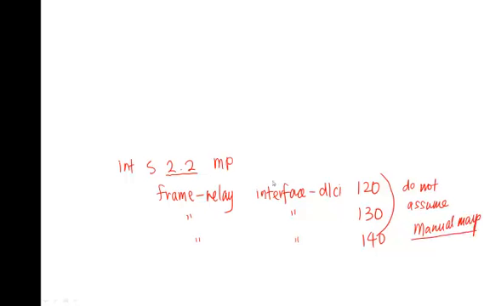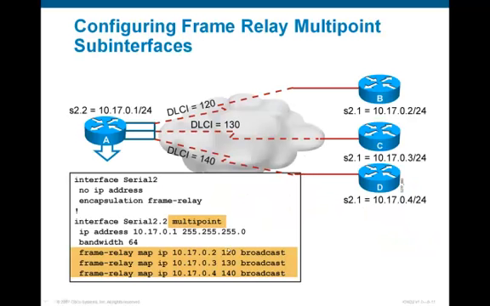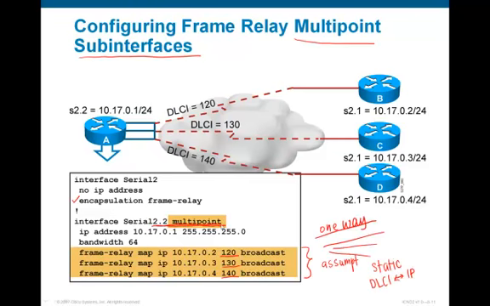So here we can have a multi-point connectivity with the inverse ARP function enabled. In this example, we are creating a multi-point sub-interface connection, and all these circuits are associated with this multi-point sub-interface using the frame-relay map IP address.